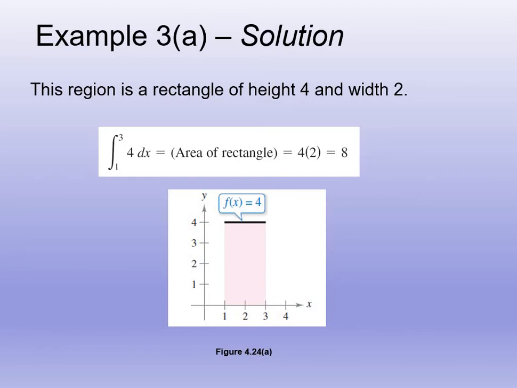That creates a rectangle that is 2 wide, since from 1 to 3 is a space of 2, and 4 high. So 4 times 2 is 8, length times width, base times height, however you want to see it. We can use calculus and mix in some old school geometry. So the integral from 1 to 3 of 4 dx is an area of 8.